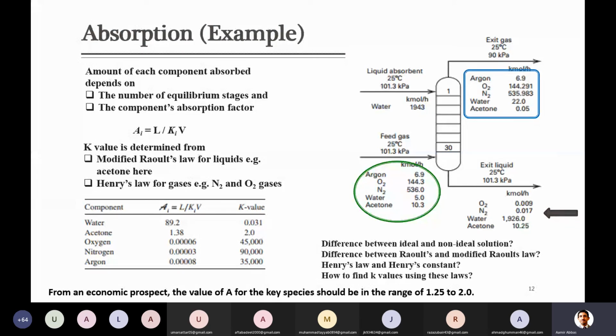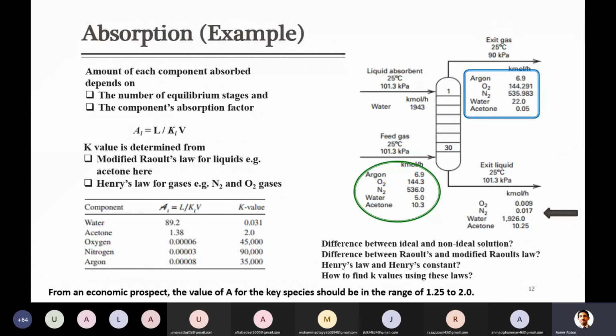So for an economic prospect, the value of A, this absorption factor, should be in the range of 1.25 to 2 for any of the components. When you are looking for this A, first of all you determine the K value, and then you go for the liquid and vapor flow rates, and its value should lie in this range.